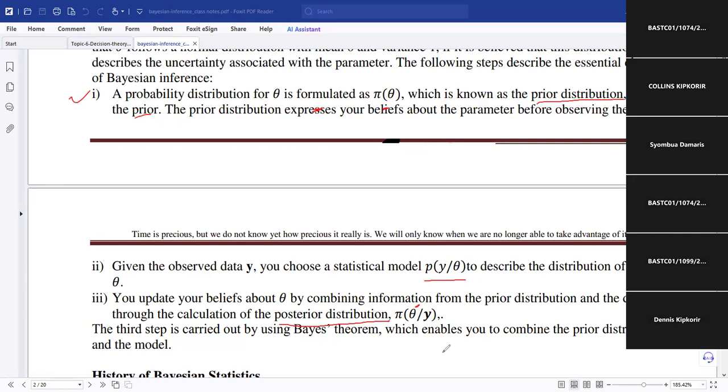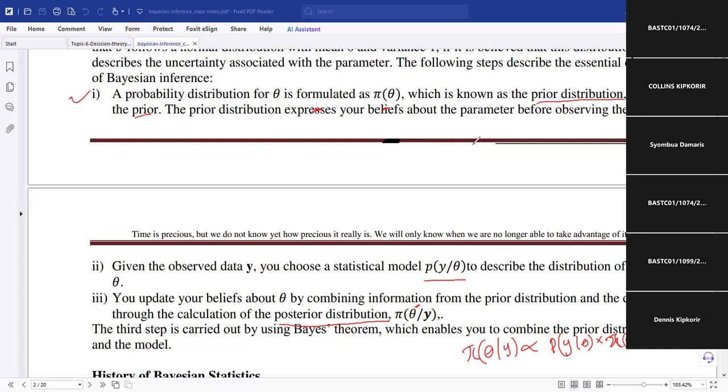So normally we will say that pi theta given y should be directly proportional to p of y given theta multiplied by the prior distribution, that is pi theta. Or normally we take the prior distribution multiplied by this statistical model, or the model of the data given the parameter theta, and this gives us the posterior distribution.